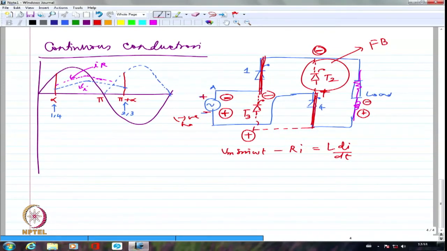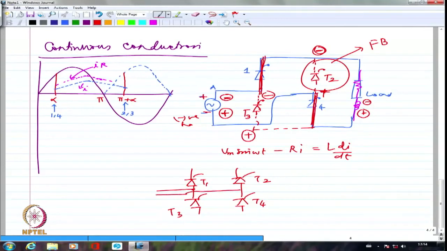Right? So let me draw this again. These are the four devices. This is T1, this is T4, this is T2, this is T3. This is negative half cycle, mind you. So I'm going to have plus here and minus here.